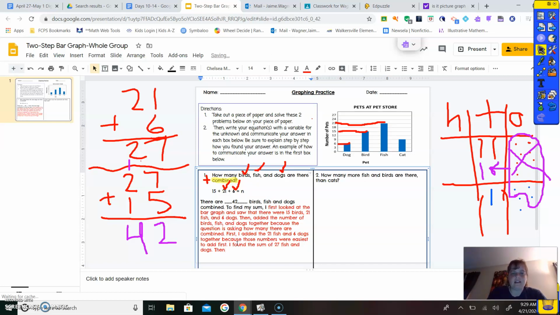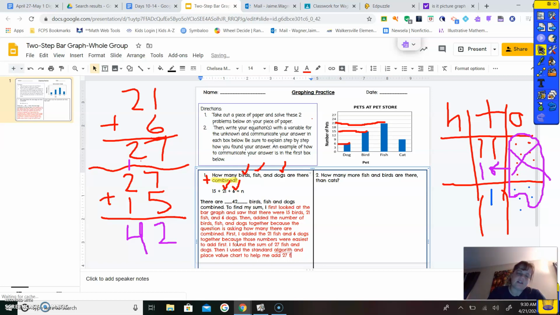Then I used the standard algorithm and place value chart to help me add 27 and 15. Add 27 fish and dogs.